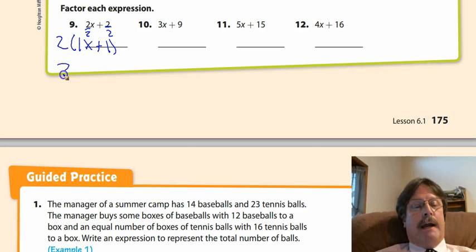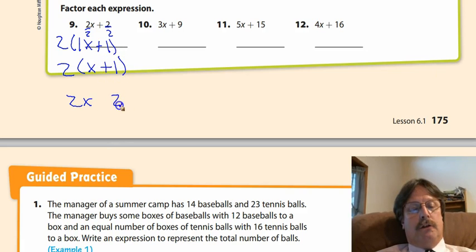So now if I rewrite it, it's 2 times x plus 1. And if we went ahead and simplified that, 2 times x is 2x, and then 2 times 1 is 2, and we use the addition between. So we're right back to where we were. So that's what factoring is.